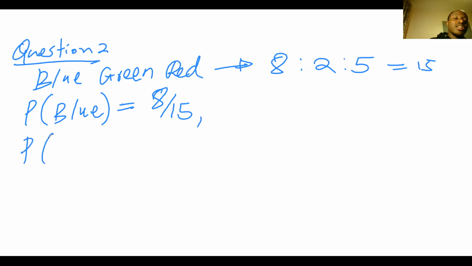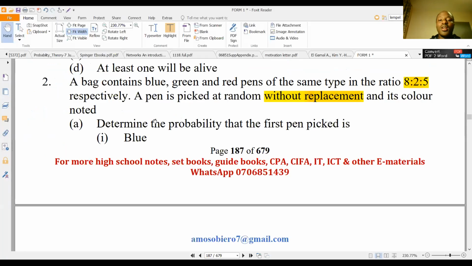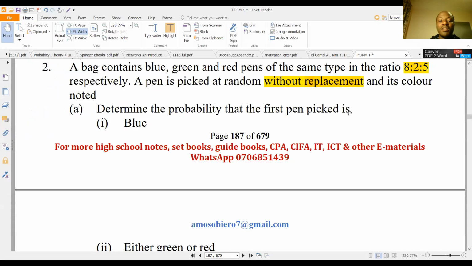Then you have the probability of picking a green. Sorry, we have done the first one. Let me just take you back to the question. The first question was: determine the probability that the first pen picked is a blue. So we've done that.